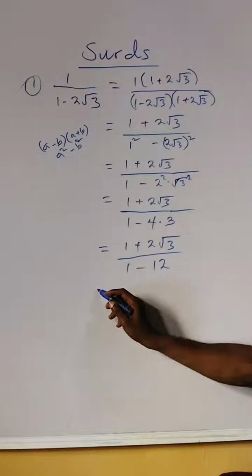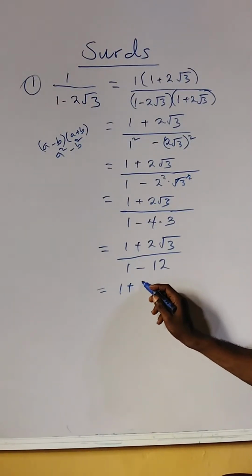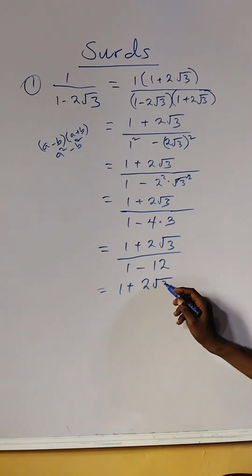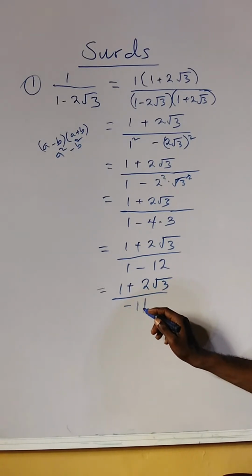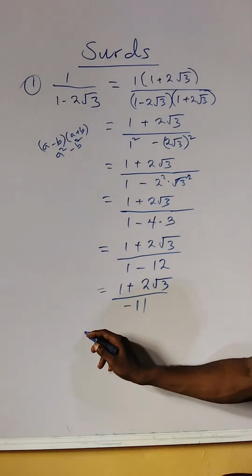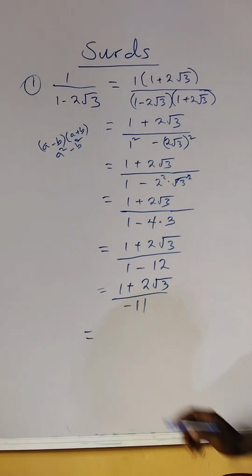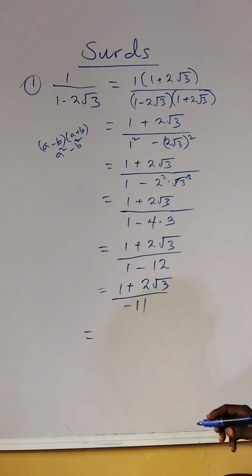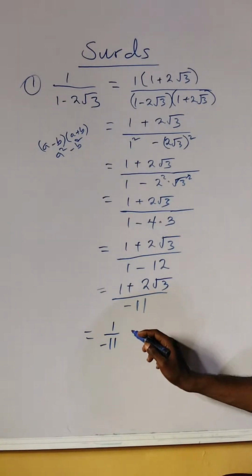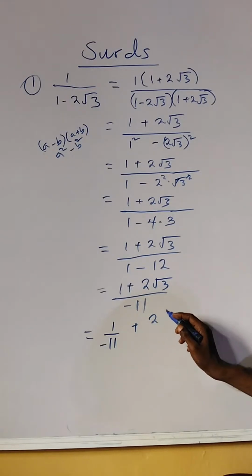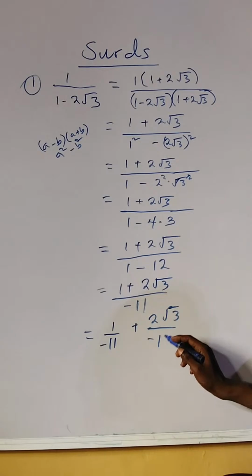That is, we have 1 plus 2 root 3 divided by 1 minus 12, we have minus 11. When we separate this into two fractions, it is 1 over minus 11 plus 2 root 3 over minus 11.